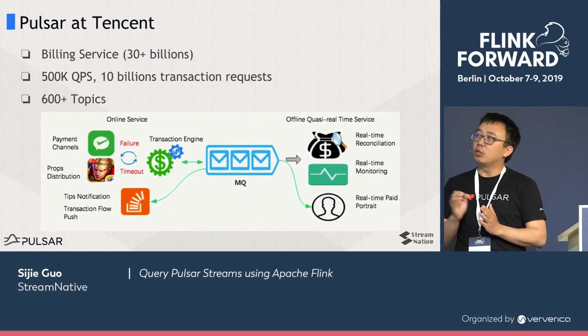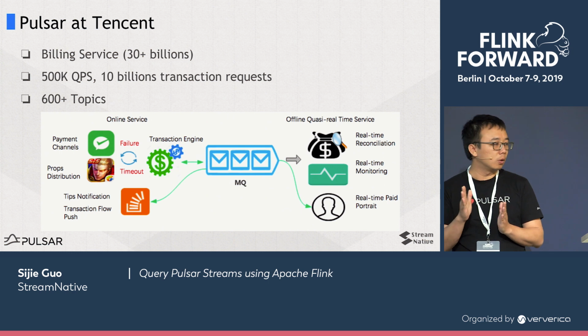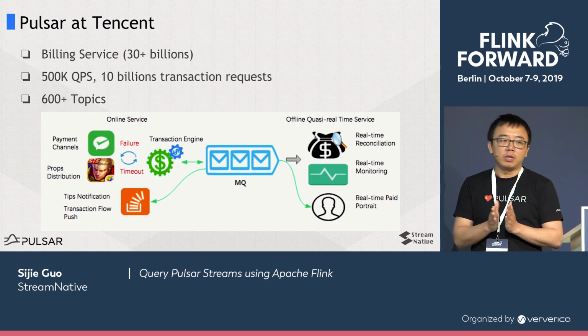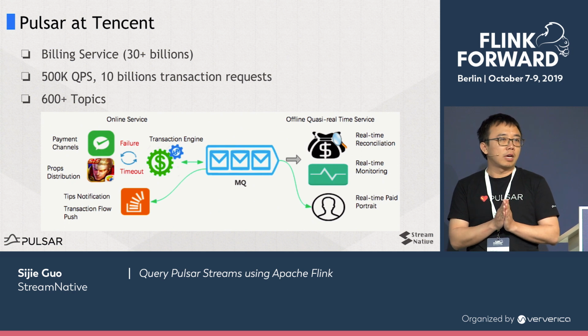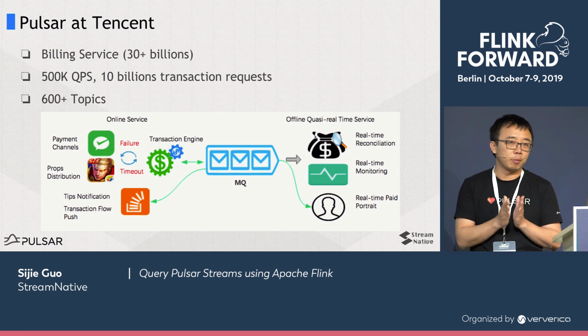The main usage of Pulsar is for both online service and also offline real-time analytics. For the online part, all the money purchase or billing payments go to Pulsar because of the strong consistency and also durability.